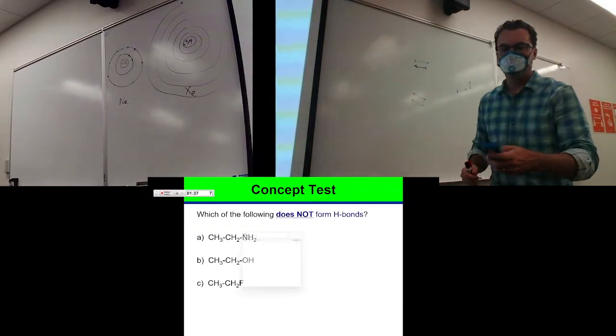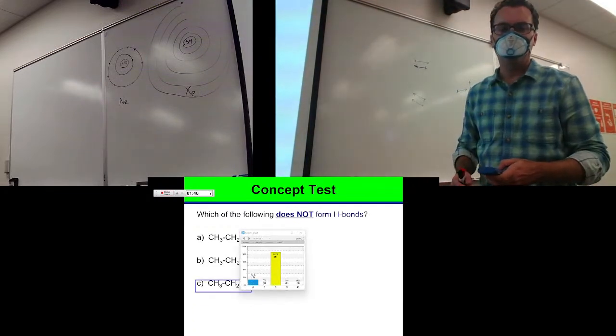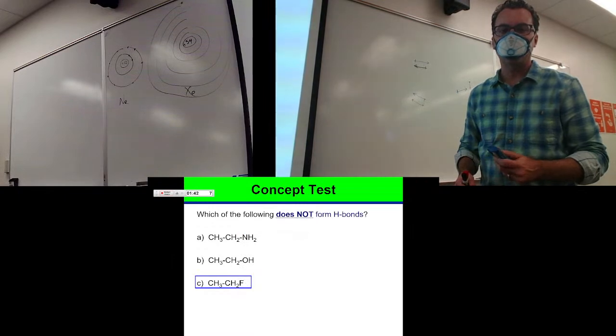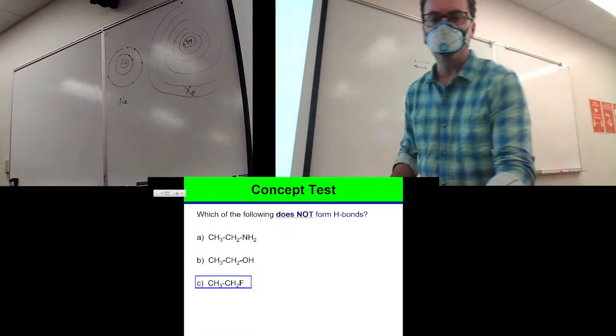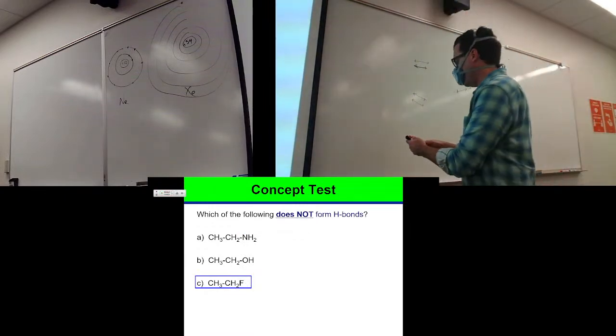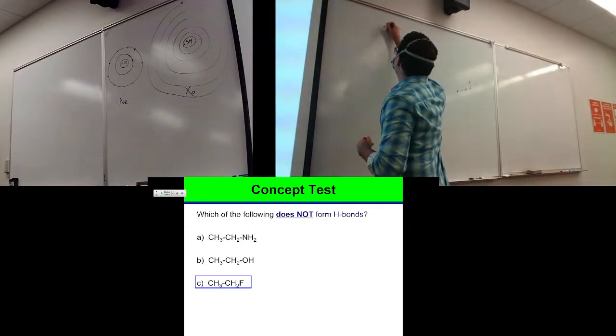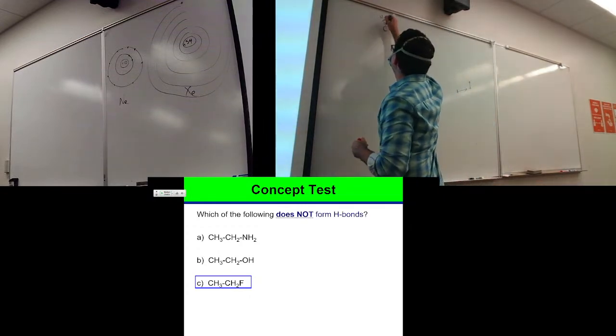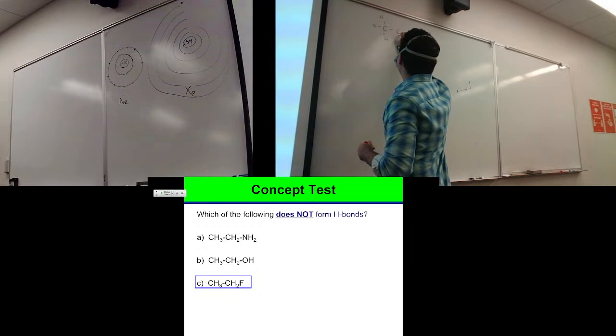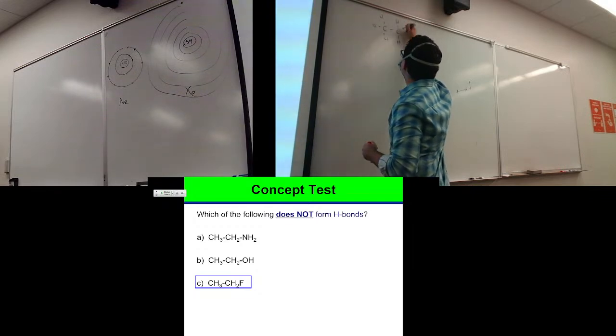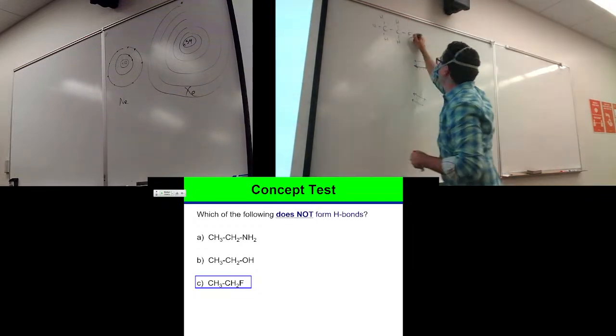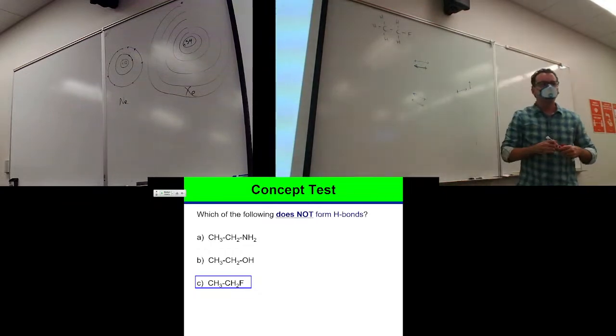Okay. So we've got most voting for C, and that was it. The reason C is the answer is because if you draw this out, CH3CH2F, that fluorine is not connected to a hydrogen.